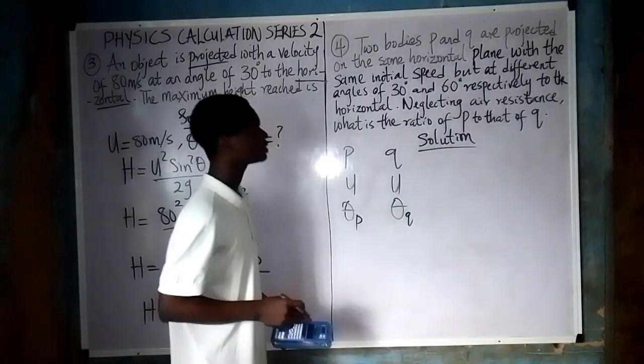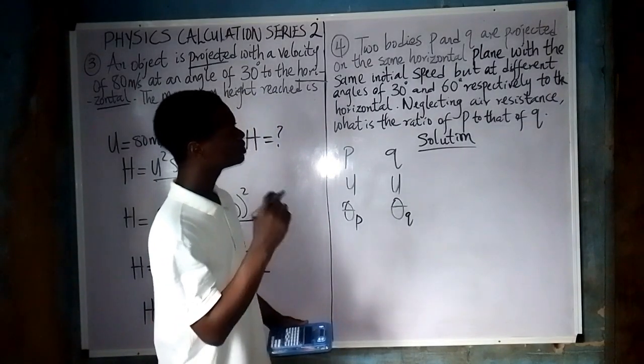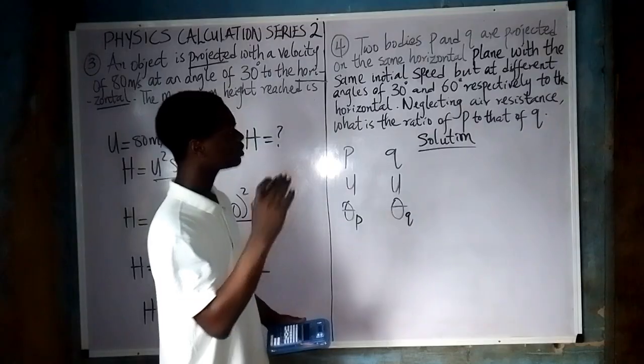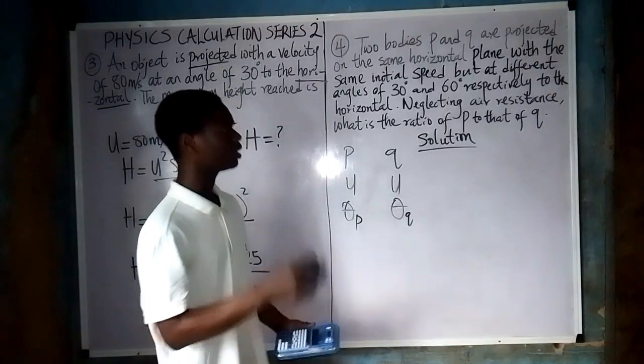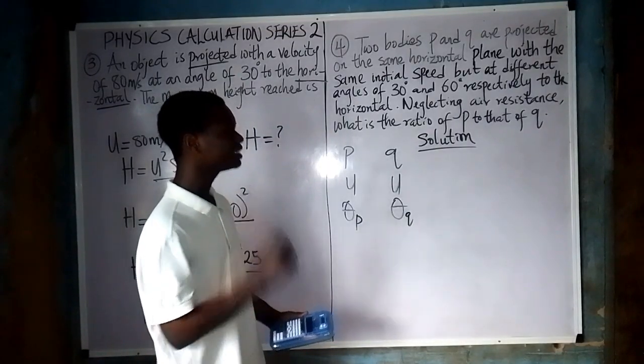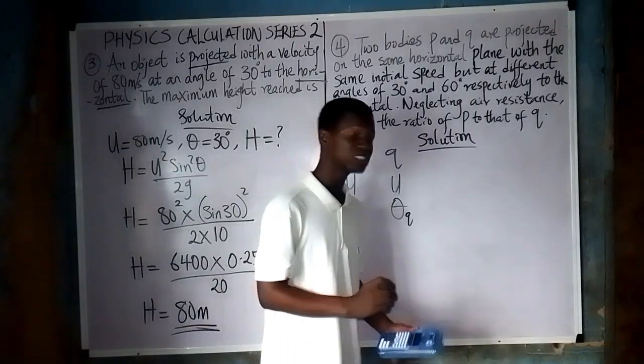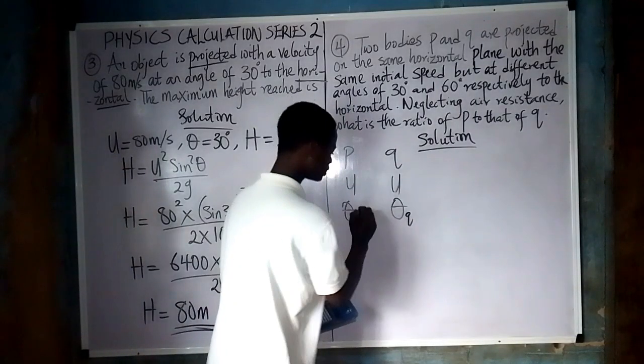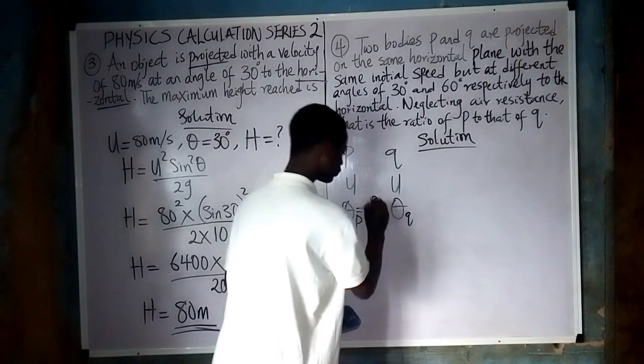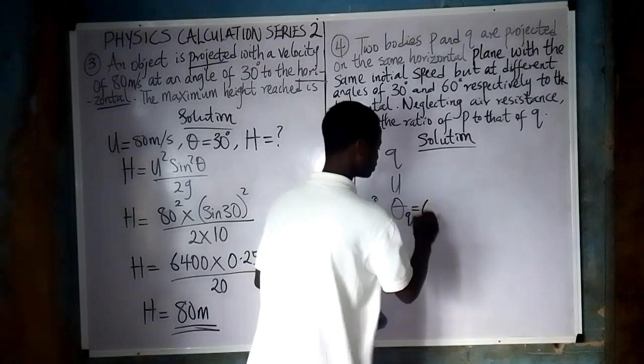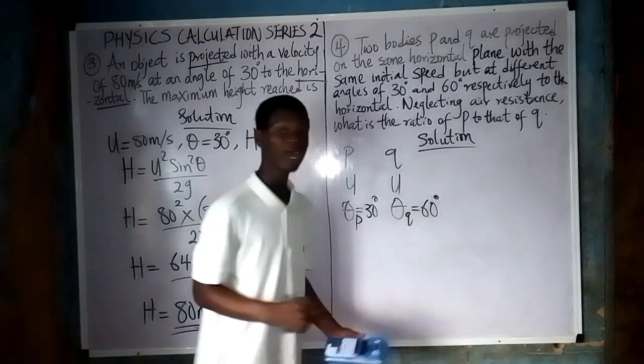They said angles of 30 degree and 60 degree. So while this is equal to 30 degree, this is equal to 60 degree. Are we still together?